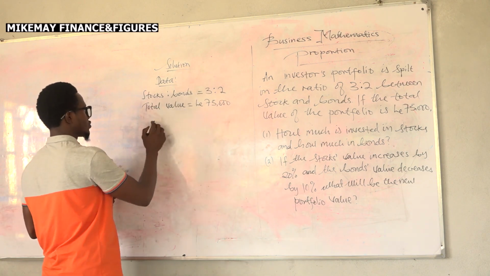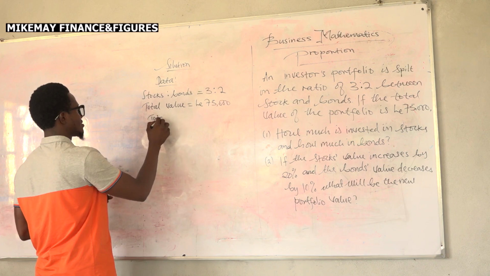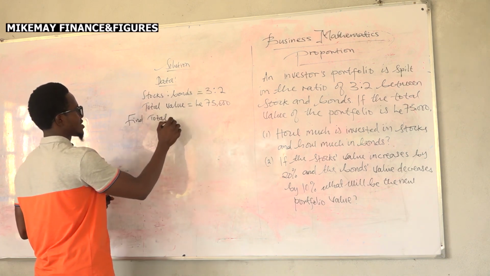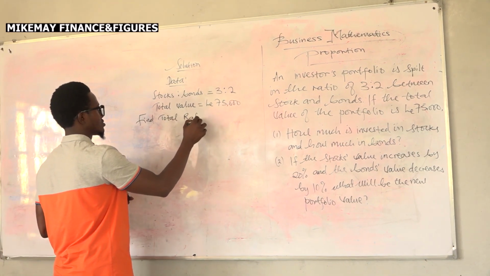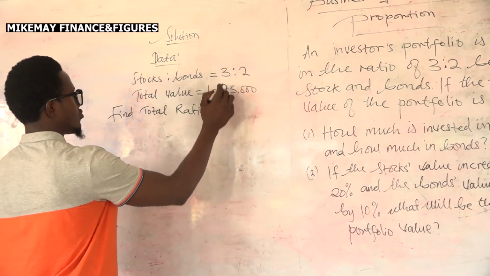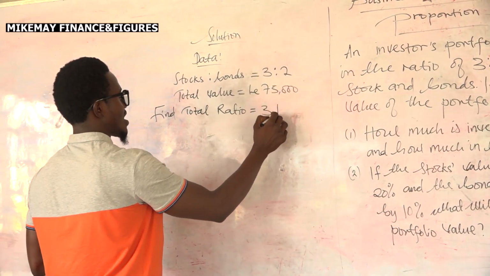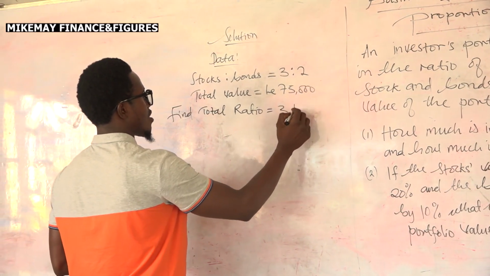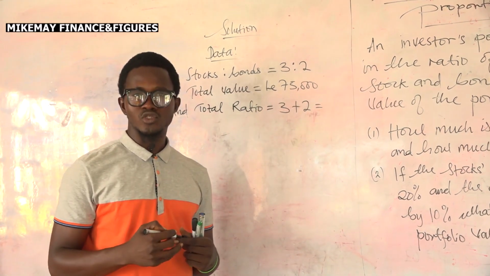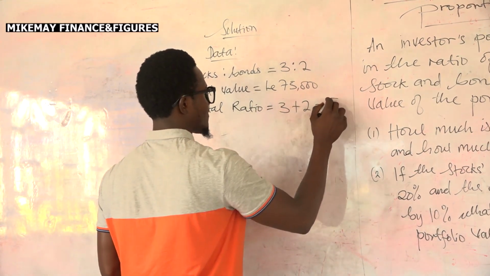First of all, I want you to find the total ratio. The total ratio is the addition of 3 and 2. When you add 3 and 2, you will get 5.